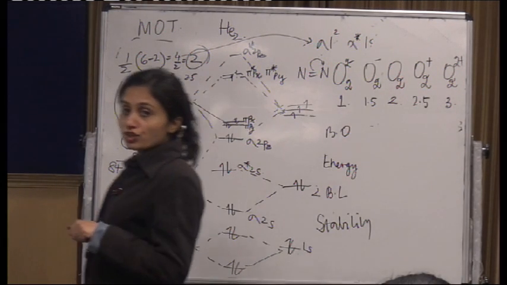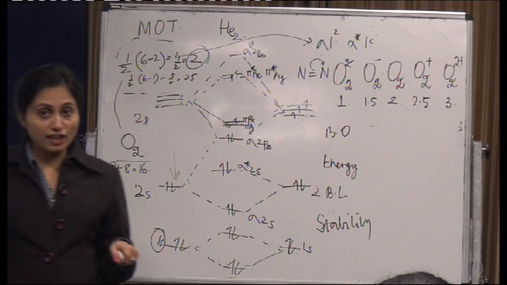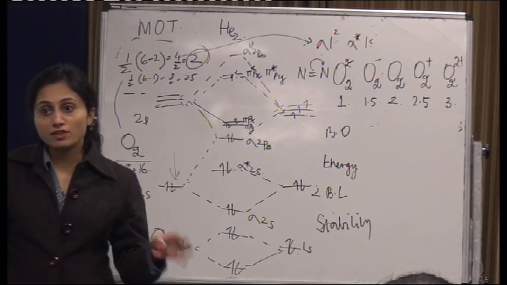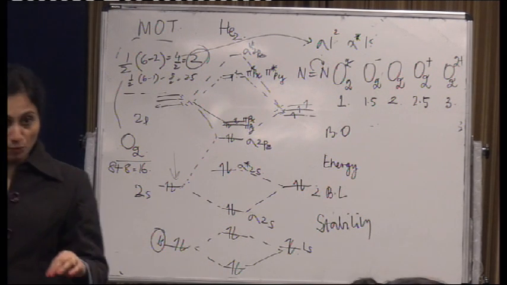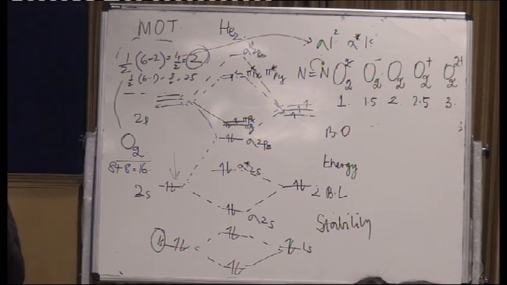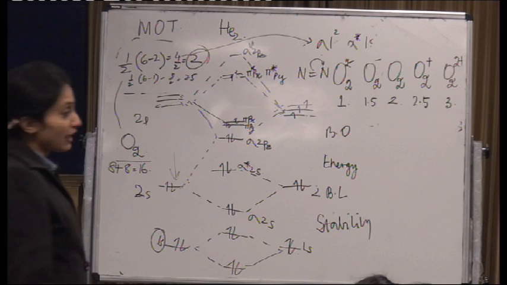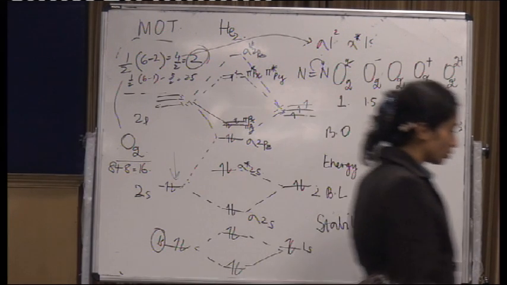One conclusion that you can draw from here is, whenever an electron is removed from the anti-bonding molecular orbital, the molecule becomes more stable. Whenever an electron is added to the anti-bonding molecular orbital, it becomes less stable. Okay? Please make it a point, because this generalized statement can also be asked.